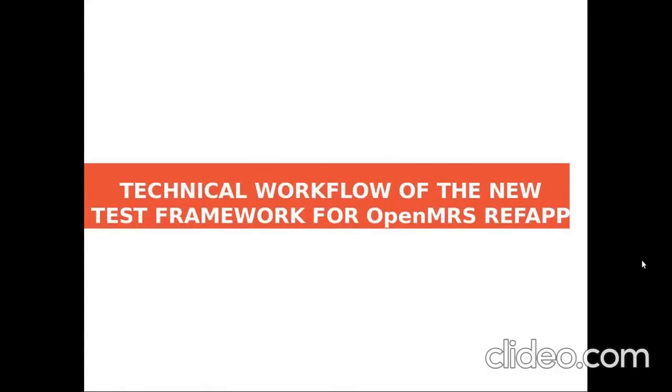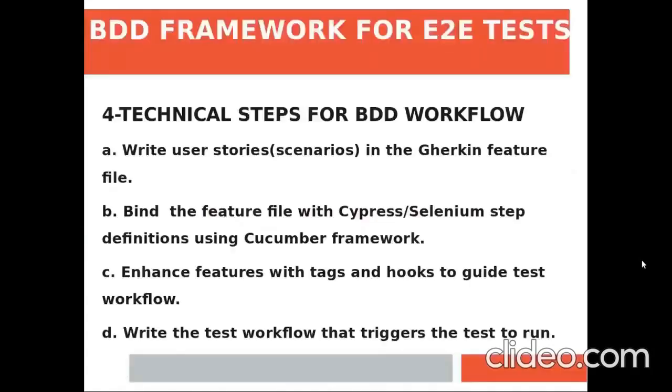Here is the technical workflow of the new test framework for OpenMRS reference application. This code is using BDD framework for E2E tests, and below are the 4 technical steps one can use to develop a test in BDD approach.